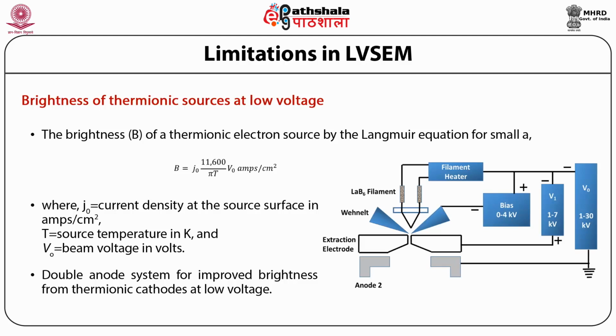At 1 kilovolt and 2 kilovolt, this setup produces 10 times higher brightness than the typical 30 kilovolt electron gun with tungsten, and 8 times higher brightness with LaB6, using the geometry depicted in figure 5.